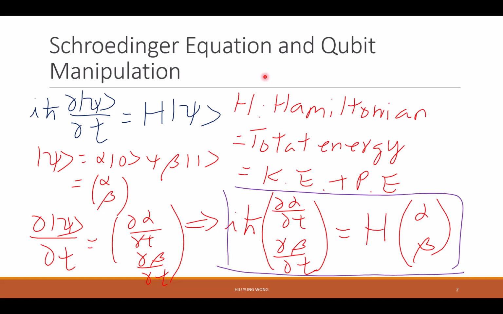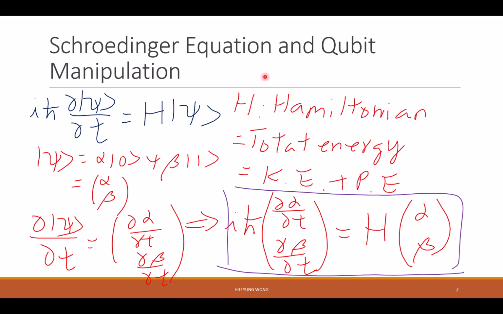at the last minute. What is the Schroedinger equation? Again, it is the governing equation, just like F equals ma in classical Newtonian mechanics. It governs how the wave function evolves as a function of time, right?